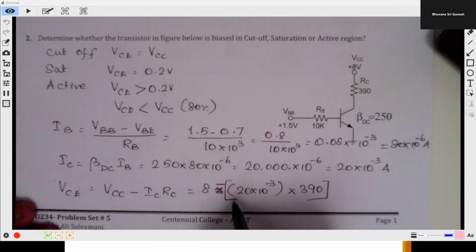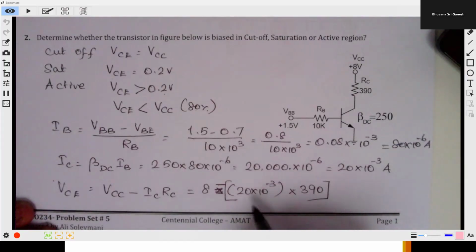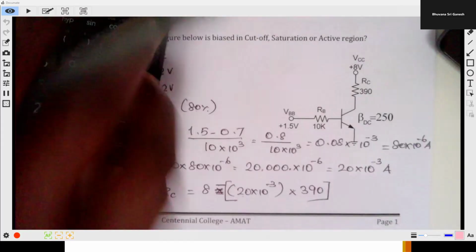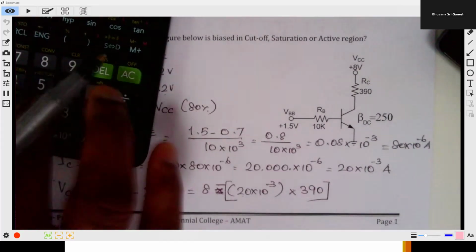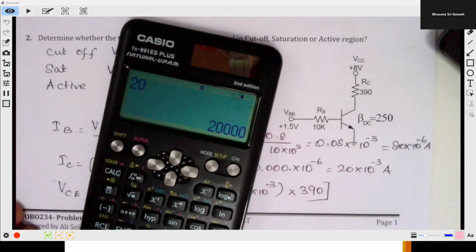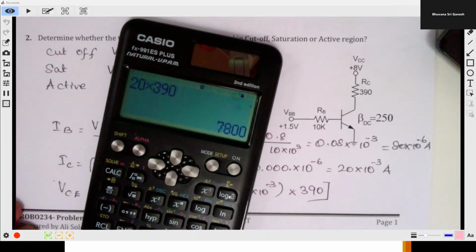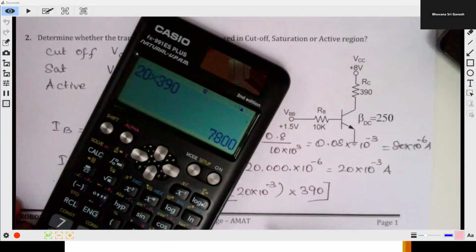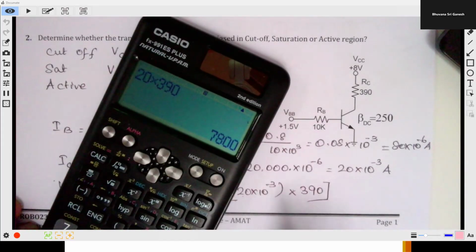So first 20 times 390 we shall do in the calculator. 20 times 390 equals 7800, and from this times 10 power minus 3 here, right?